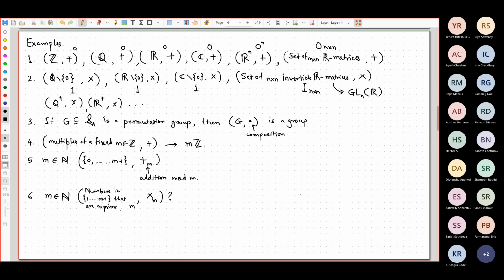I think it's to. Okay, fine, let's use to. Coprime to M. Right, so this is a group and this needs some proof.